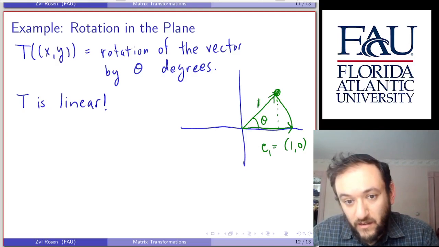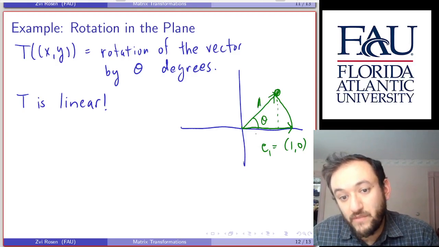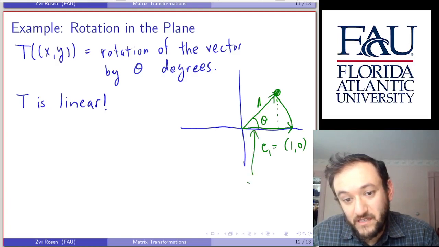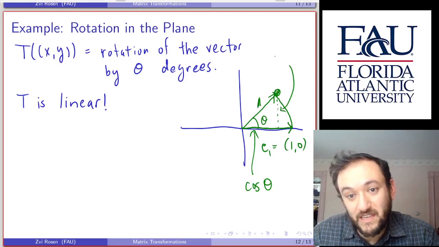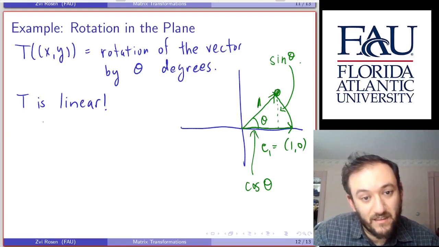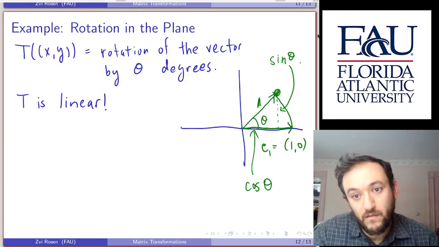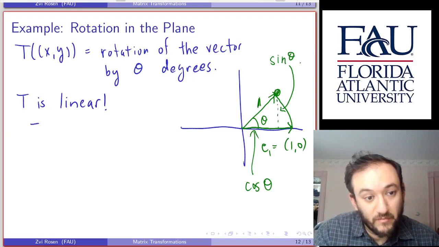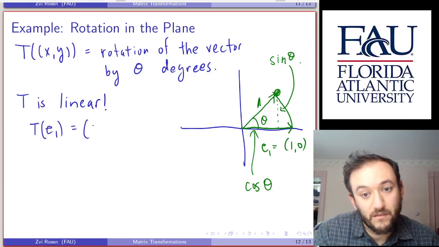Because this length is 1. So that means that this length is cosine theta. Meanwhile, this length is sine theta. Okay? So that means that the output from T of E1 is cosine theta, sine theta.